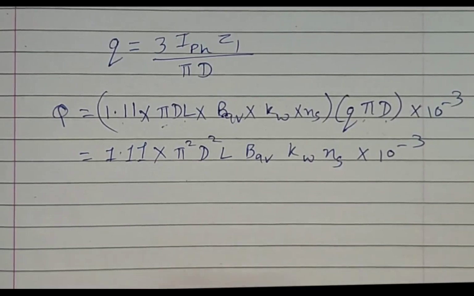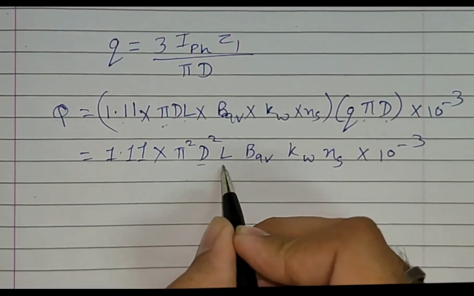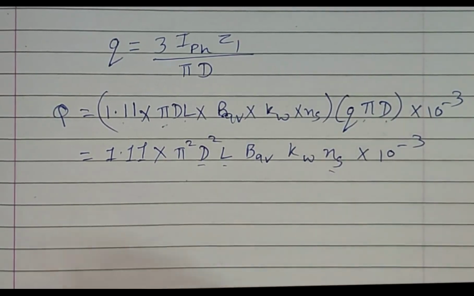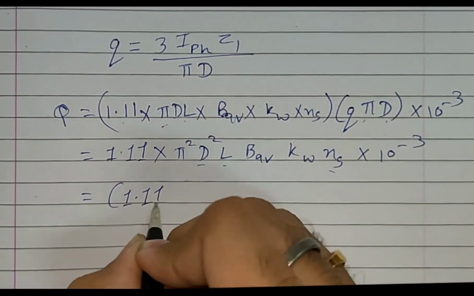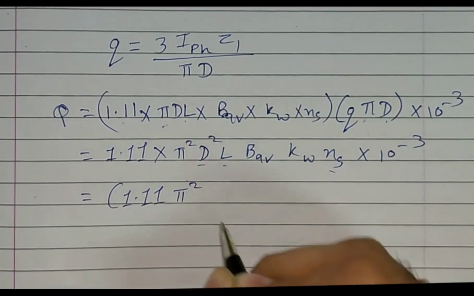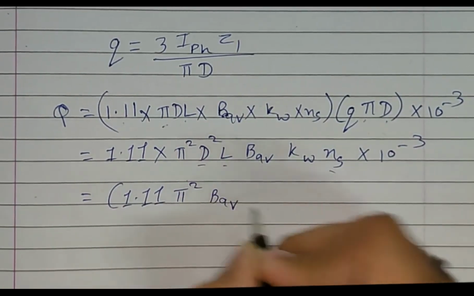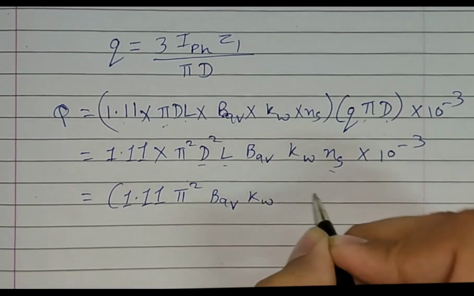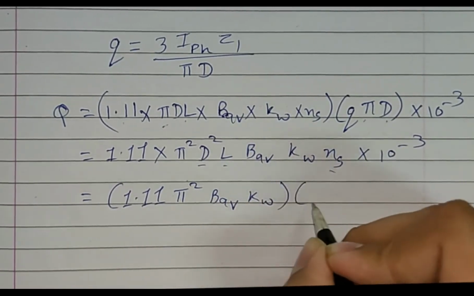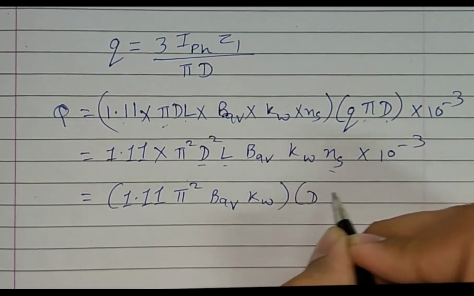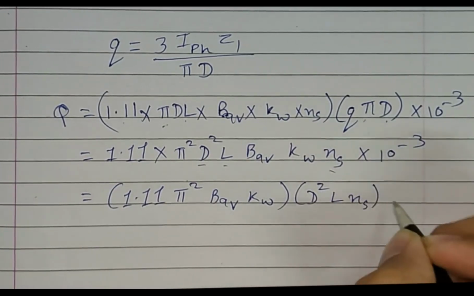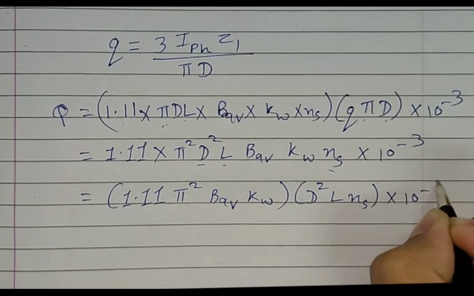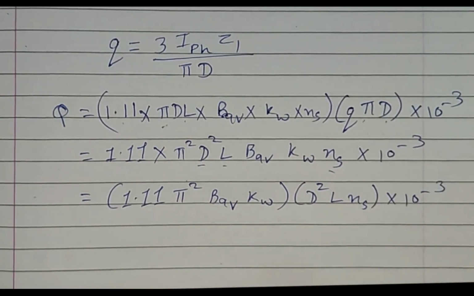Now in this equation, I'll club D, L and NS together. So what I'm left with in the bracket is 1.11 into pi square into BAV into KW multiplied by D square into L into NS multiplied by 10 raised to minus 3. Why did we club this together?